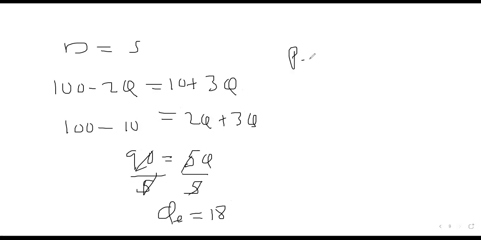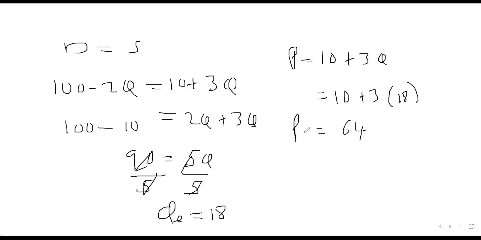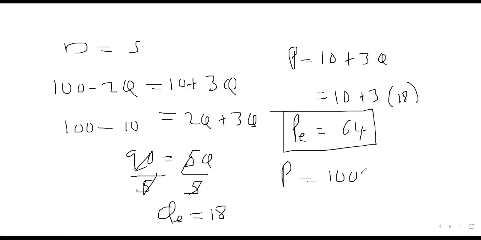Then we're going to substitute this in any of them. We have 10 plus 3Q. Where there's Q, we're going to put 18. So here we're going to have 3 times 18, which is 54. 54 plus 10 is going to be 64. So this is called our equilibrium price. Suppose we put it in the other one, which was 100 minus 2Q. Are we still going to get the same answer? Yes.